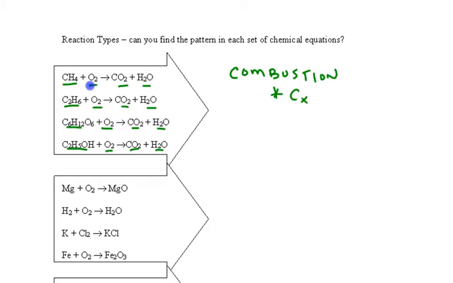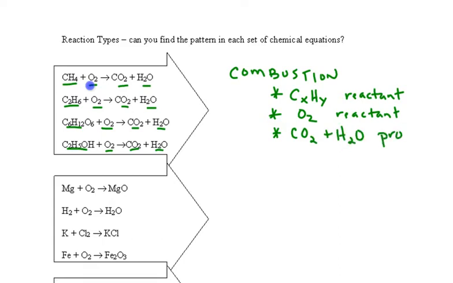You will have some hydrocarbons, some X number of carbons and Y number of hydrogens, as a reactant. O2 is a reactant. And CO2 and water are the products.